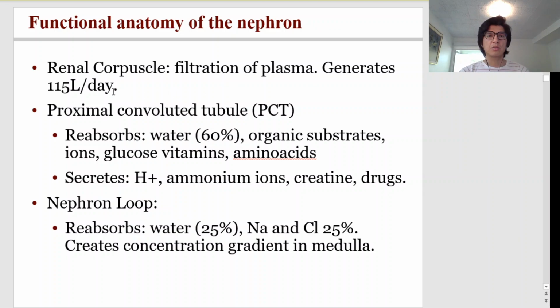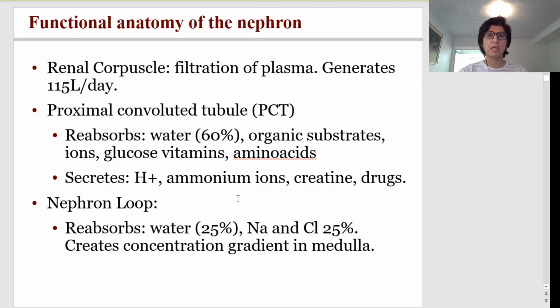The renal corpuscle filtrates about 150 liters daily. The proximal convoluted tubule reabsorbs water, organic substrates, ions, glucose, and amino acids, and it secretes hydrogen ions, ammonium ions, creatinine, and drugs.